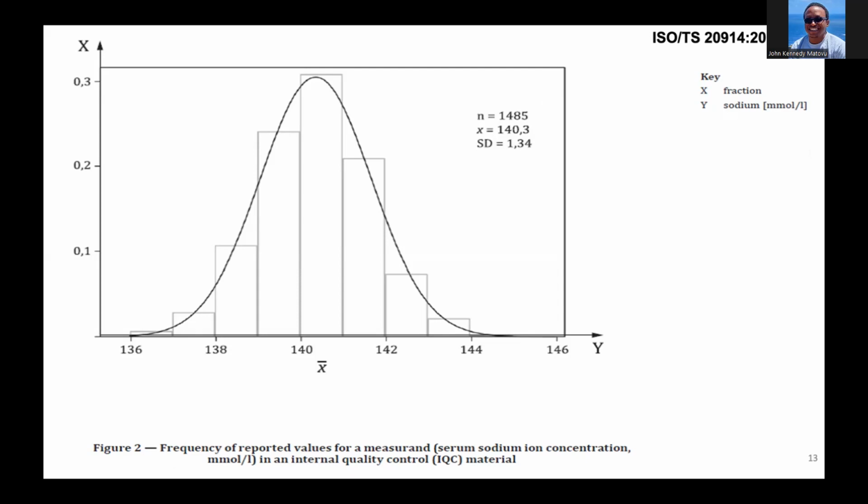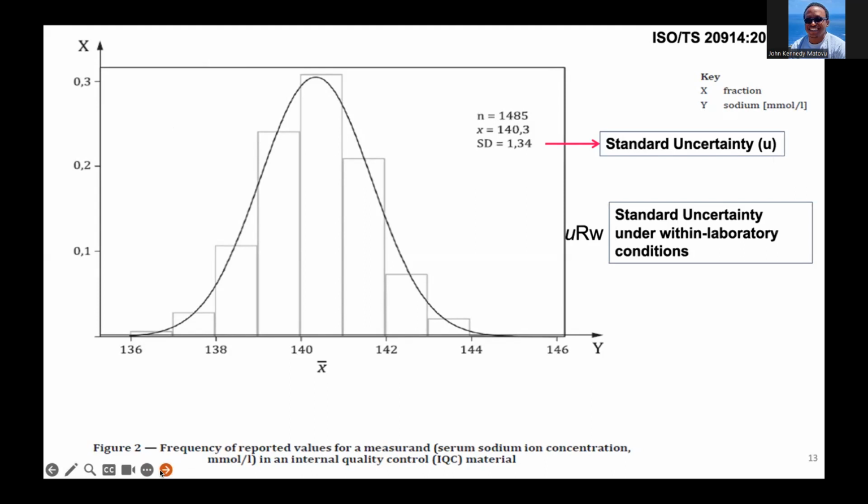So we've run the sample 1,485 times, and we have an average value of 140.3 with a standard deviation of 1.34. So our standard uncertainty, measured with our imprecision, our SD, is 1.34.